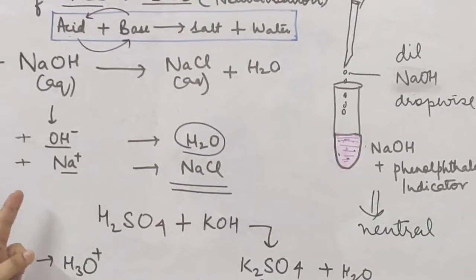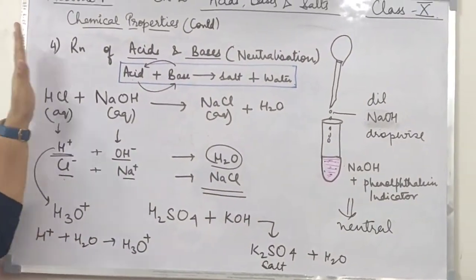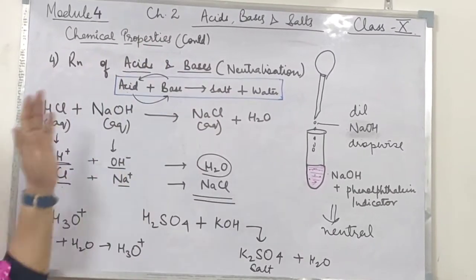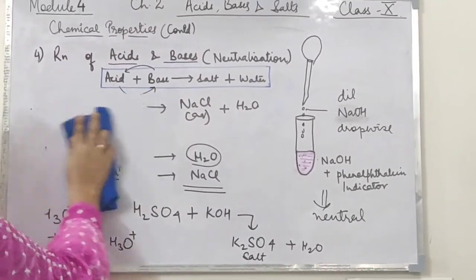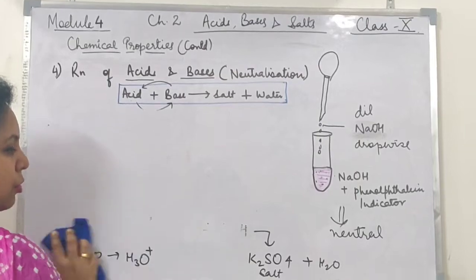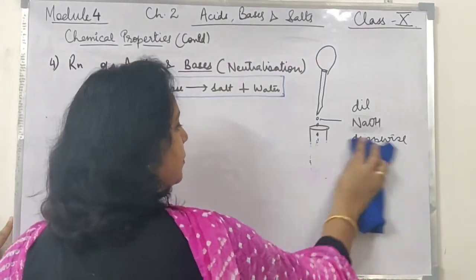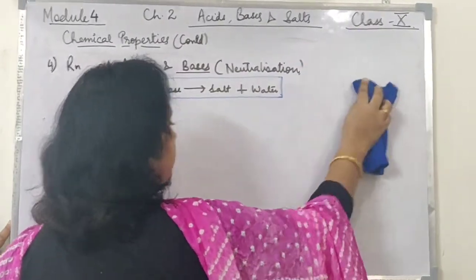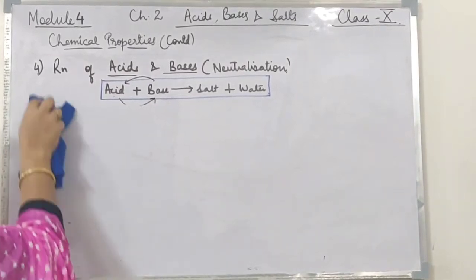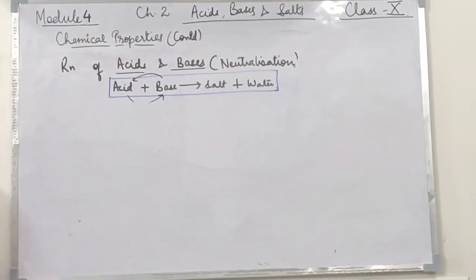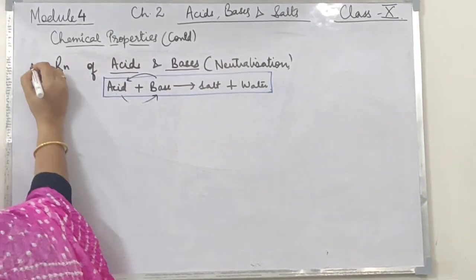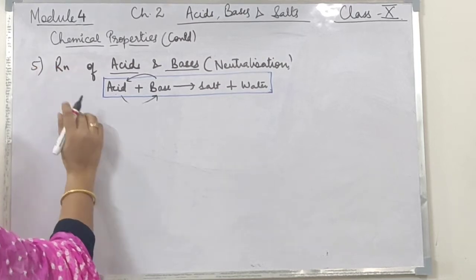In this chapter, apart from the neutralization of acid and base, we have to study two more types of neutralization. The next one is the fifth type of reaction.